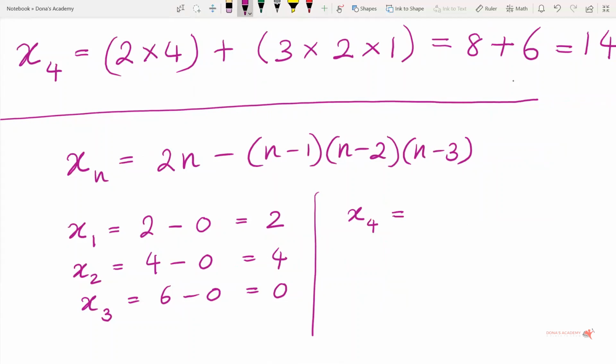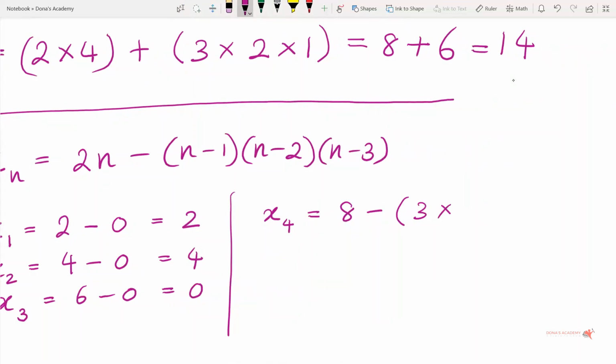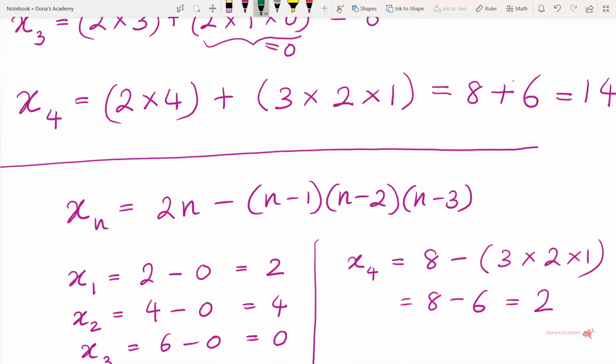Let's calculate. We get 8 here minus, what do we get next? 3 times 2 times 1, which is 6. 8 minus 6 this time, not plus 6. 2. All right, so we get another different element for x4 if I use this formula.